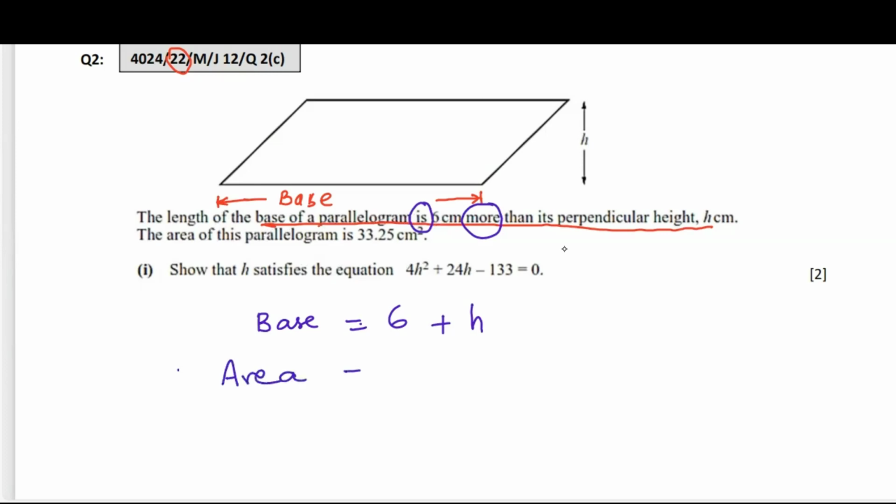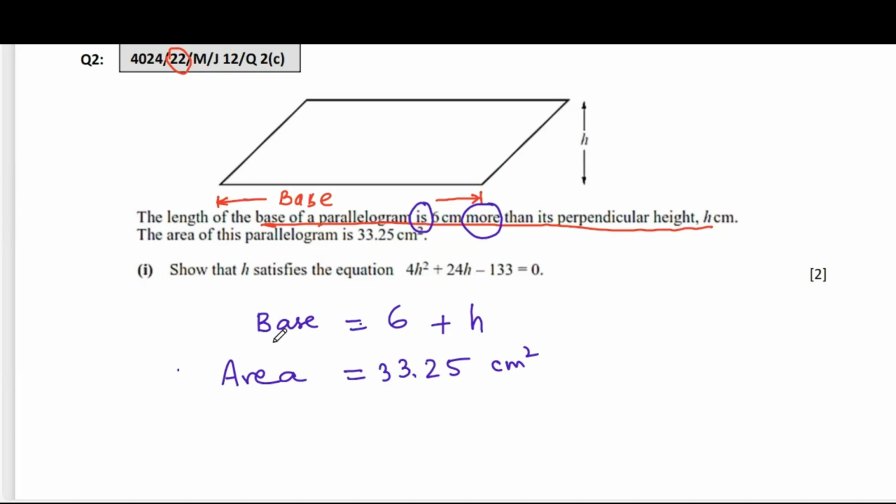Area is equal to 33.25 centimeters square. And with this information, we have to show that h satisfies the equation 4h square plus 24h minus 133 equal to 0. It means we have to form this equation from this information.